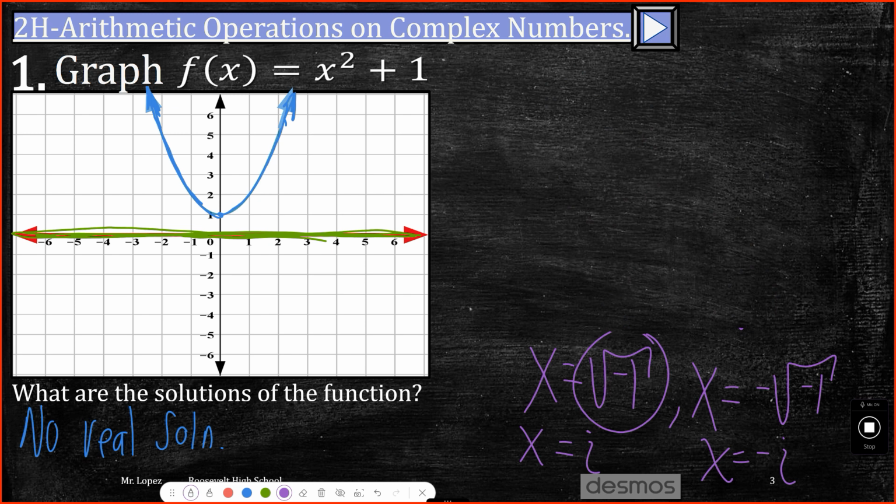So let's put it in factor form and multiply it out and see if we get this equation back. So f of x equals, if I move this back and put it in factor form, x minus I as a factor, and then plus I, so I get x plus I.